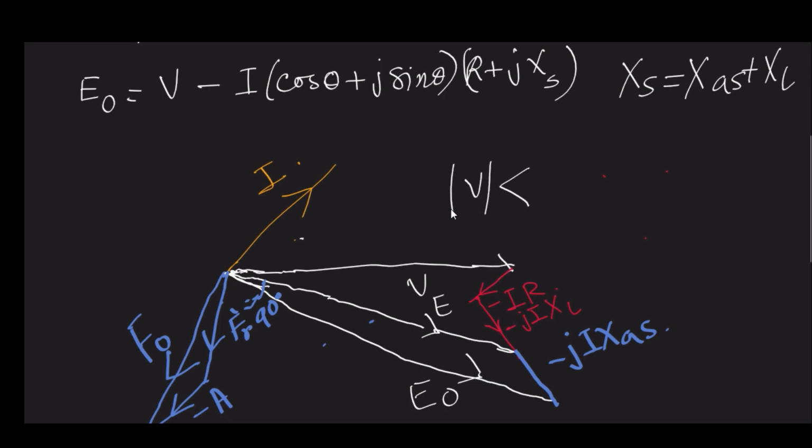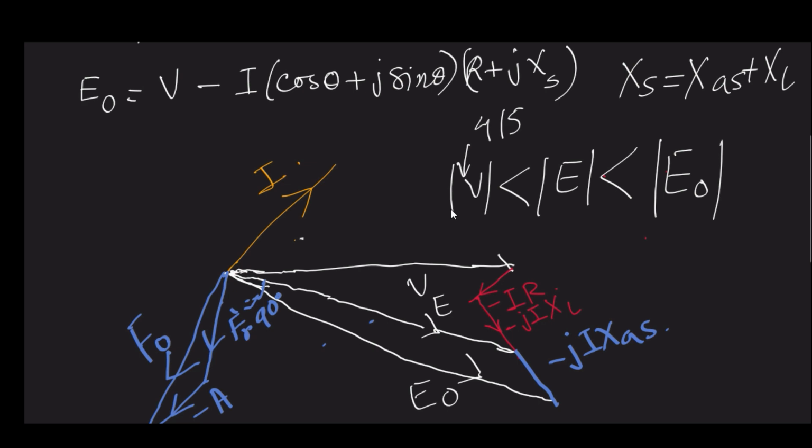Now see the magnitude. Clearly this diagram implies mod V is less than mod E is less than mod E naught, and therefore if you again keep V equal to rated voltage, then E is obviously higher; here we are assuming linear relationship. It is not the actual case. Obviously there will be saturation and you will not get a proportional rise in the induced voltage.